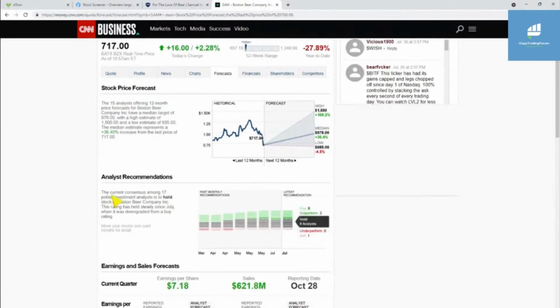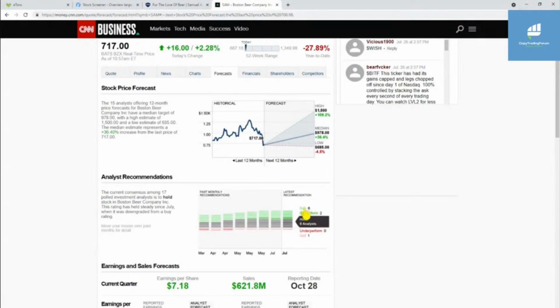Then we come back down here, we want an analyst consensus of a buy position, but because there's so much of a drop, I'm going to take this even number. There's no sell positions, one sell position, and there's hold. 8 analysts are saying hold, and then 6 are saying buy, and 2 outperform. So outperform is in between hold and buy.